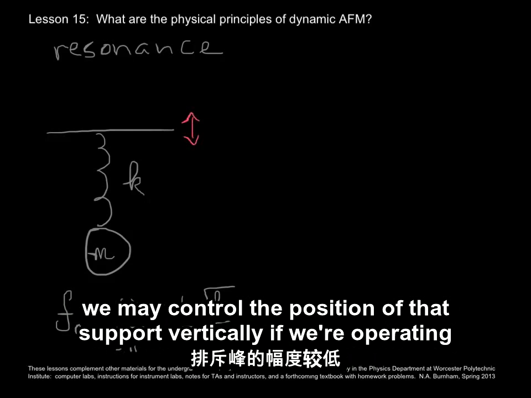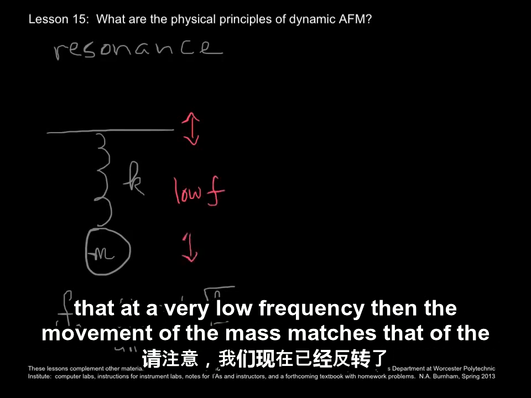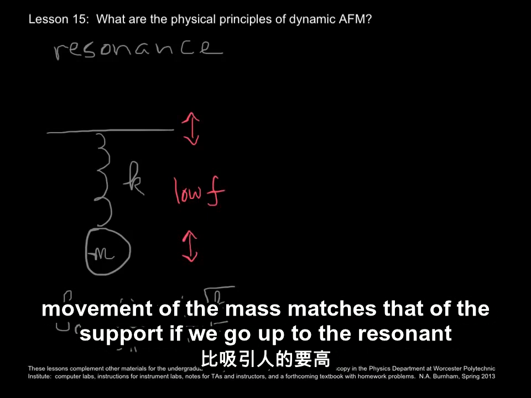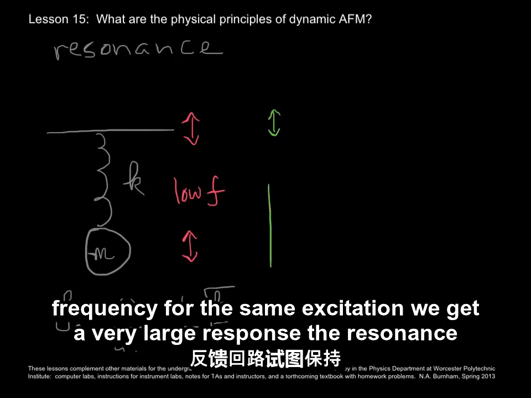If we're operating that at a very low frequency, then the movement of the mass matches that of the support. If we go up to the resonant frequency for the same excitation, we get a very large response.